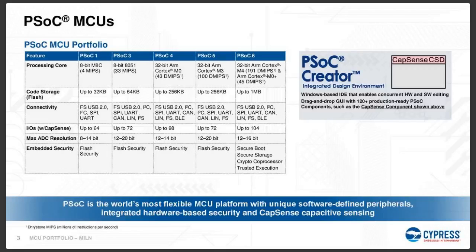PSoC 5 has an ARM Cortex M3 32-bit processor. And then PSoC 6 is a dual core, comes with an ARM Cortex M4 as well as an ARM Cortex M0 all in one package. Now, PSoC 6 does have a couple of options where you have a single core M4, but it also has the dual processor.